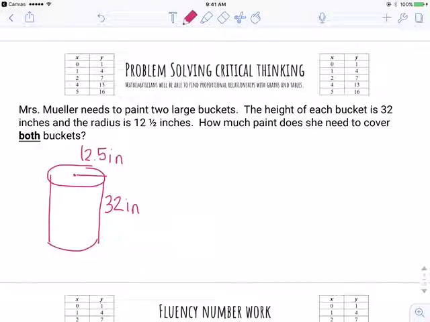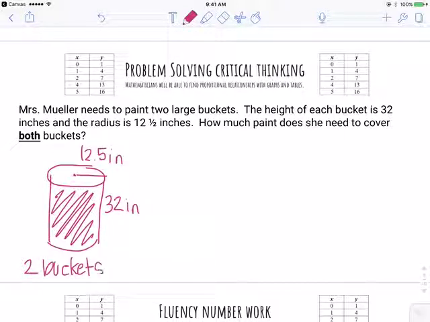So I'm doing surface area because I want to paint the outside covering of each of the two buckets. So when I do surface area and I'm painting just the outside, I'm talking about the lateral base. So that's just our pi r squared h.